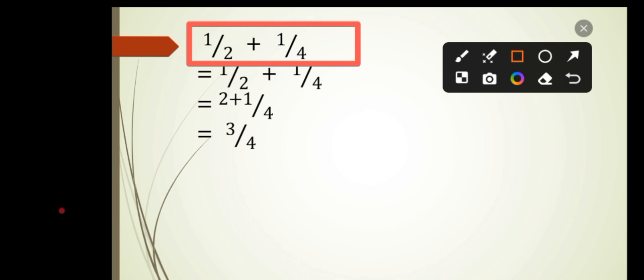How did I solve this? What we do is to find the LCM, the lowest common multiple. Since they have different denominators, we look for the LCM.